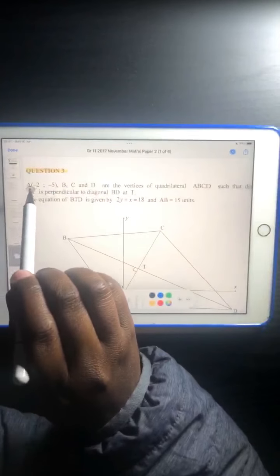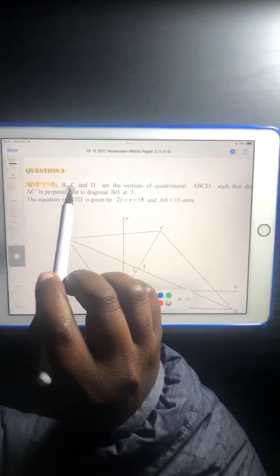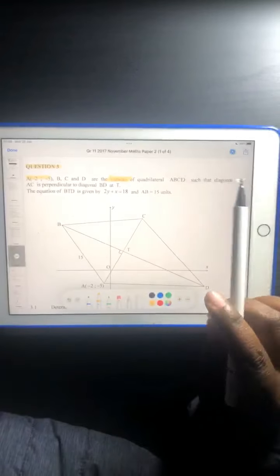So let's see. Question number 3 says: A, remember letter A represents a point and these are the coordinates. So they say A having -2 and -5, B, C, and D are the vertices of a quadrilateral. So the word vertices seems to mean the corners of a quadrilateral. A quadrilateral is just a shape which has 4 sides.